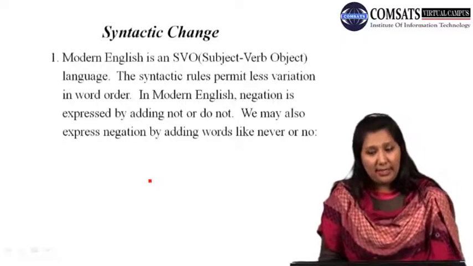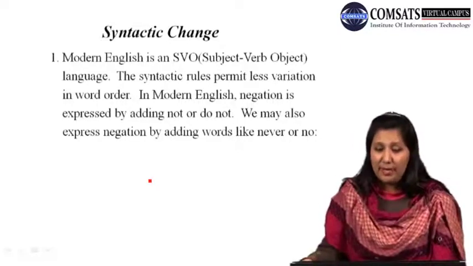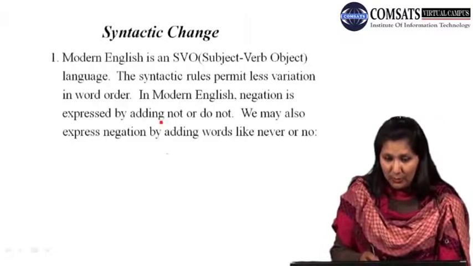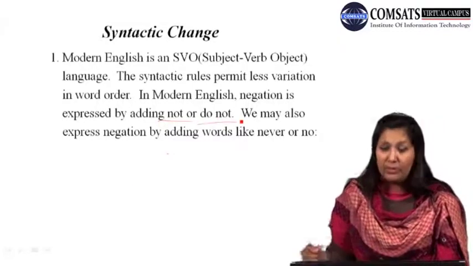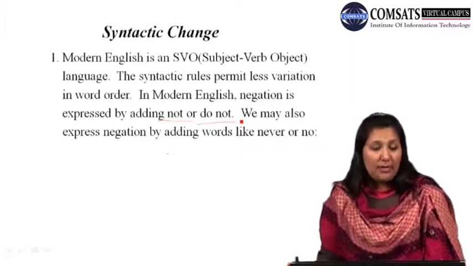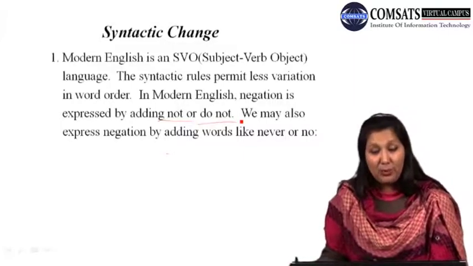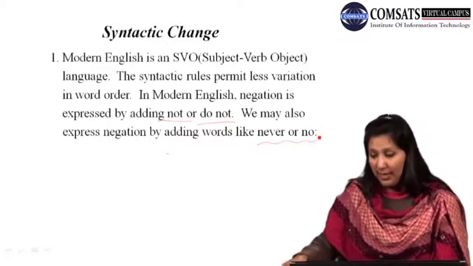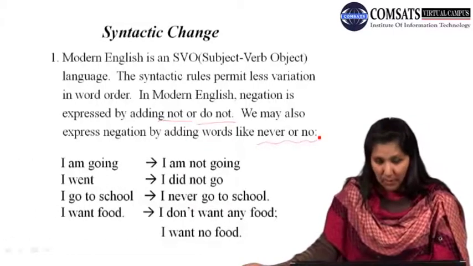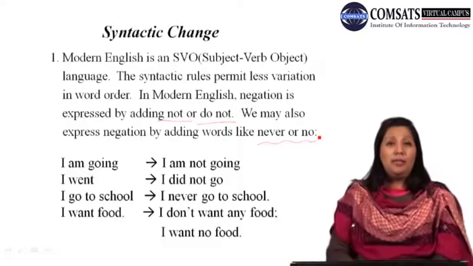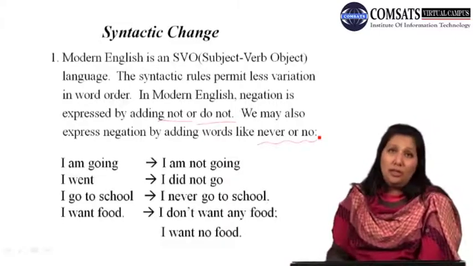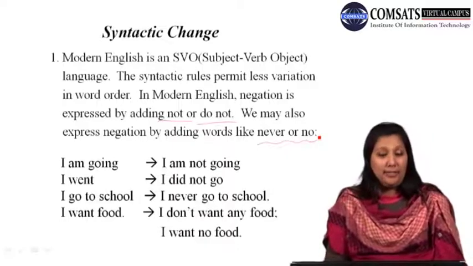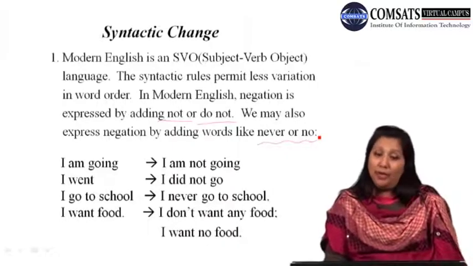In Modern English, negation is expressed by adding not or do not. These are the two words that you would add. We may also express negation by adding words like never or no. For example, I am going changes into I am not going.